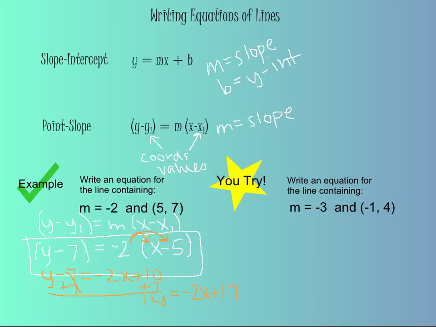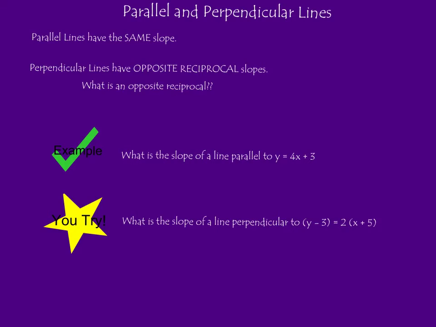So now that is your answer in slope-intercept form if you needed to provide them with that. So we can always plug in to point-slope form and then just distribute and move the constant away from the y in order to get it into slope-intercept form. So you go ahead and do your you-try, show that to me in class.